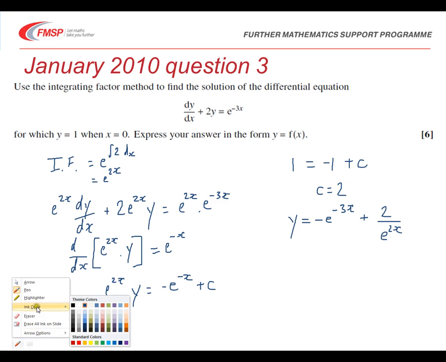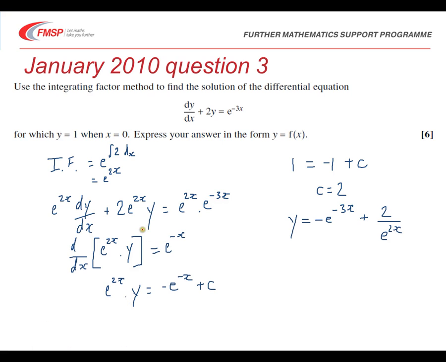Let's have a quick look at how the marks are awarded with this. So you would actually get a straightforward mark here, a statement mark for this e to the 2x.